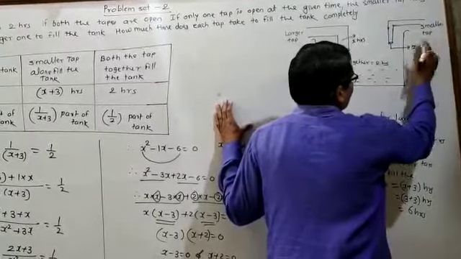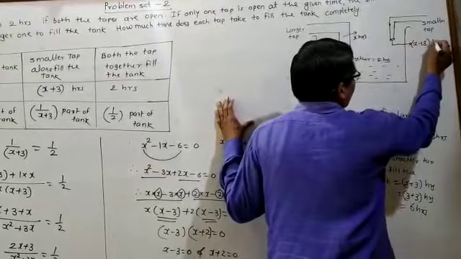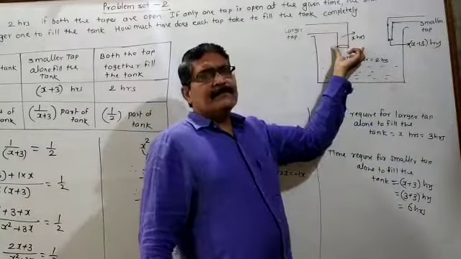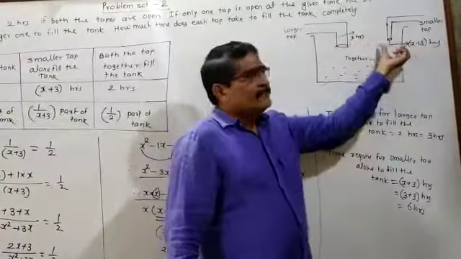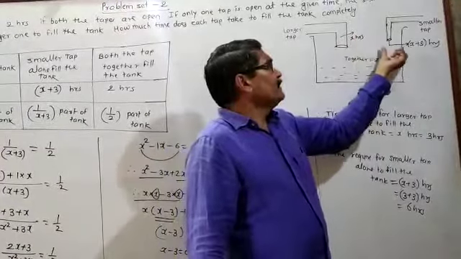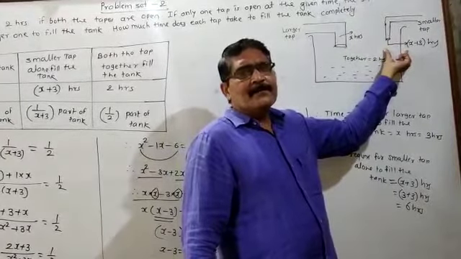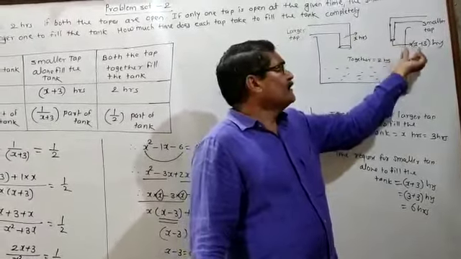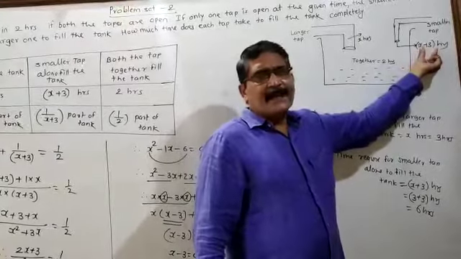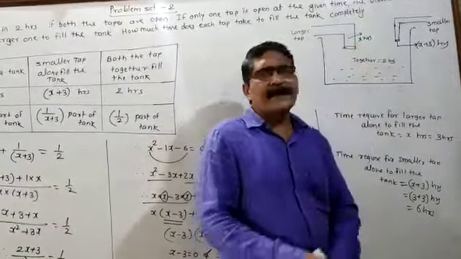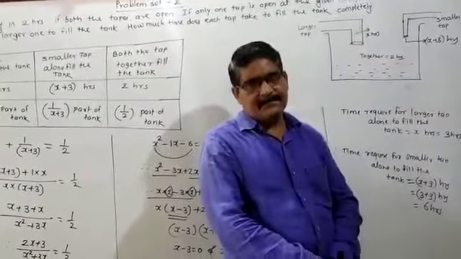Try to understand whatever is given in the problem. This larger tap will take X hours to fill the tank alone. This smaller tap will require 3 hours more alone to fill the tank, means X plus 3 hours. And if both the taps are open, the tank will fill within 2 hours.